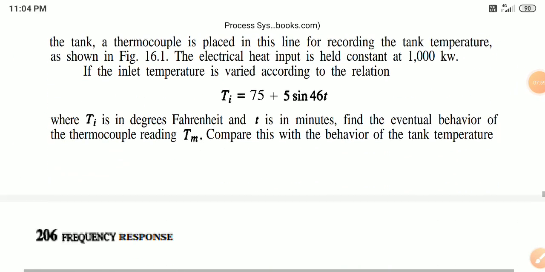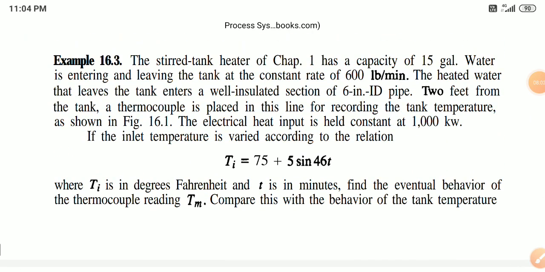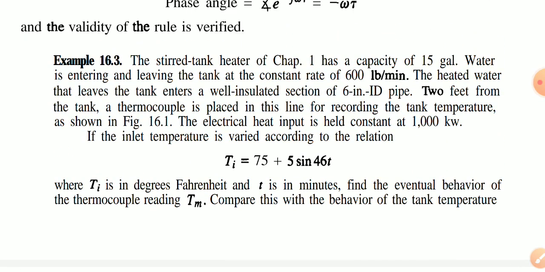The section is the 2 feet from the tank, and a thermocouple is placed at this point to measure the tank temperature, as shown in figure 16.1. The electrical heat input is held constant at 1000 kilowatts.